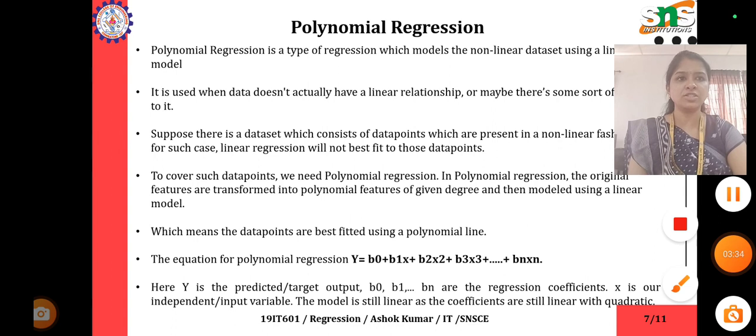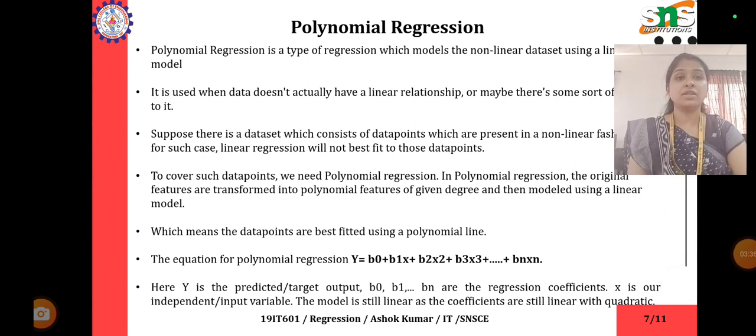In polynomial regression, the original features are transformed into polynomial features of a given degree and then modeled using a linear model, which means the data points are best fitted using a polynomial line. The equation for polynomial regression: y is equal to b0 plus b1x plus b2x2 plus b3x3 up to bn xn.